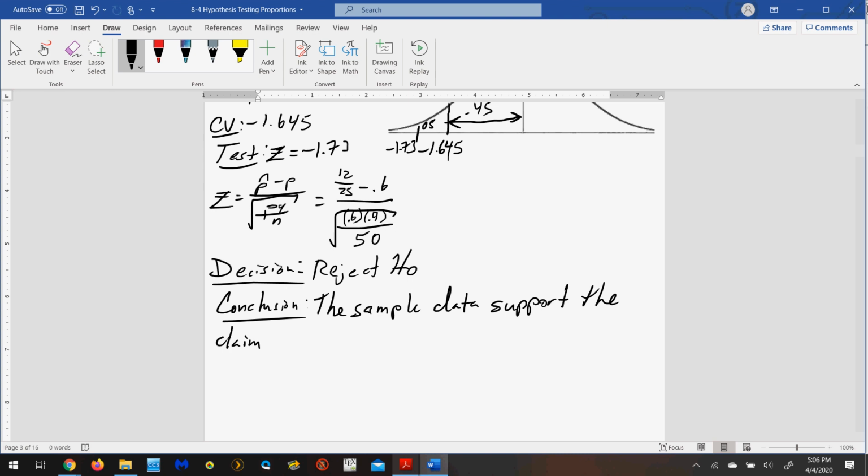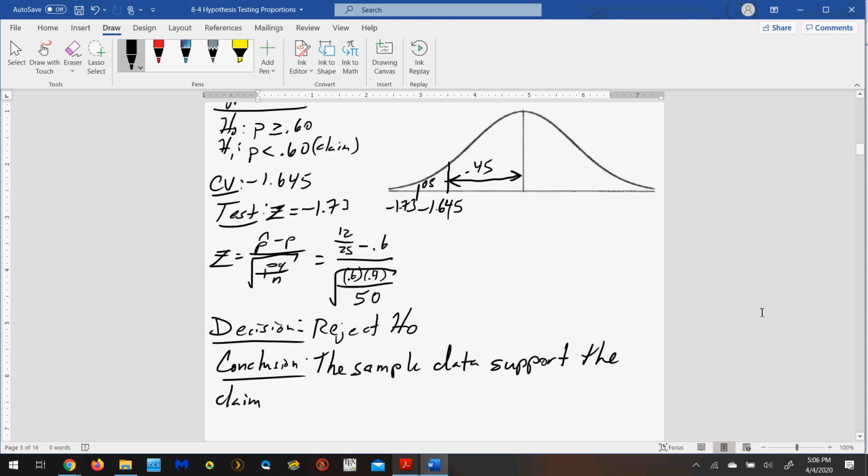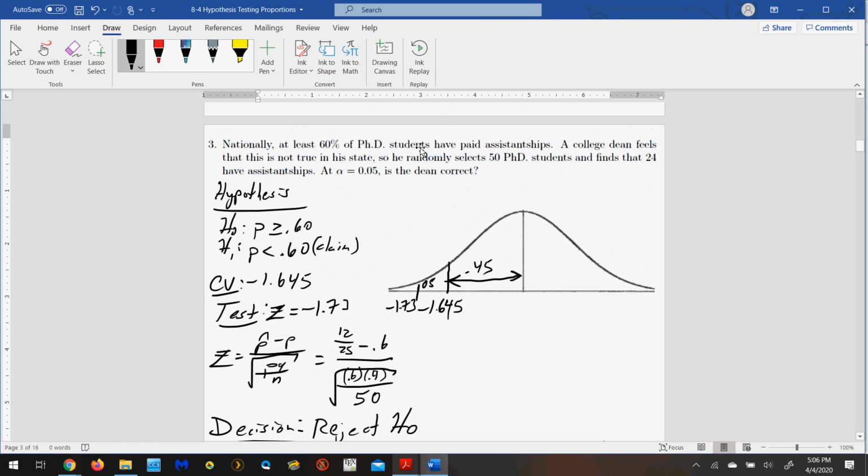And what was this claim? The claim was that the proportion is less than 60%. Now, the proportion of what? That less than 60% of PhD students have paid assistantships.